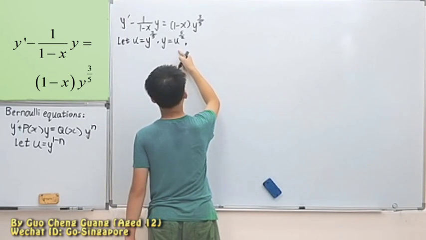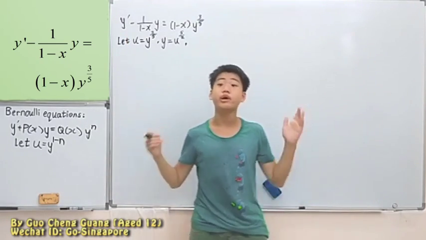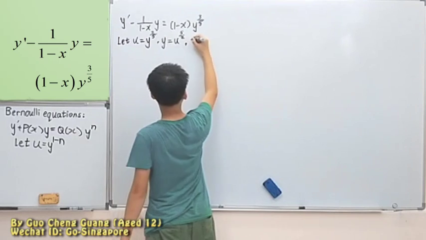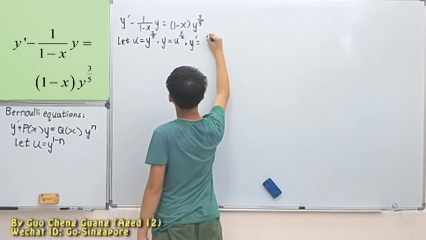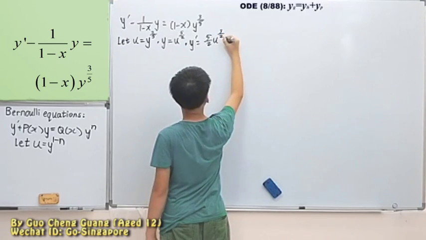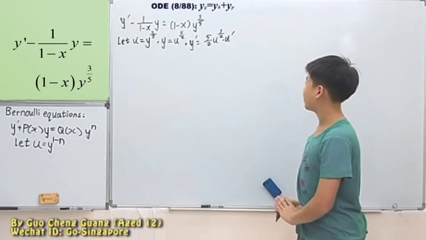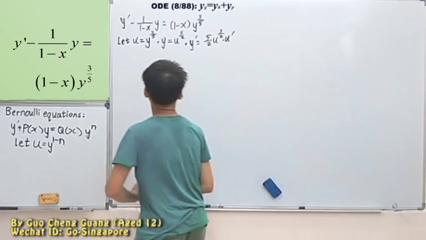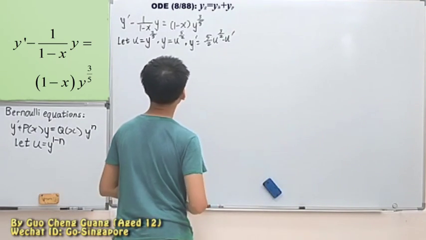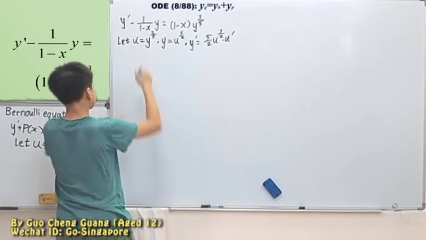You get something like this. But how about this y prime? Well, of course, you still have to find it. And of course, you have this u prime. Okay, let's take a look. Now the next step is to stuff all of these inside.